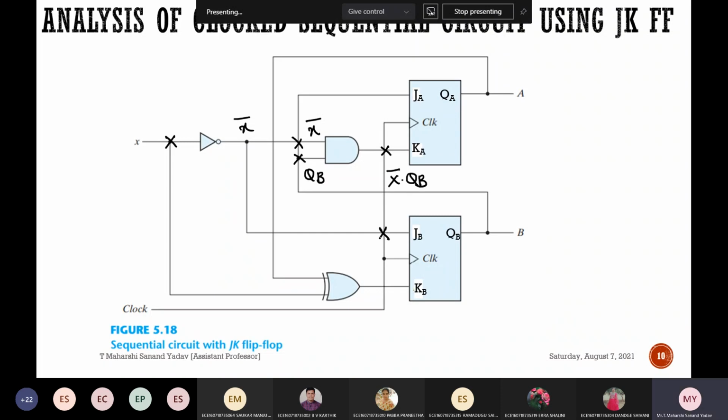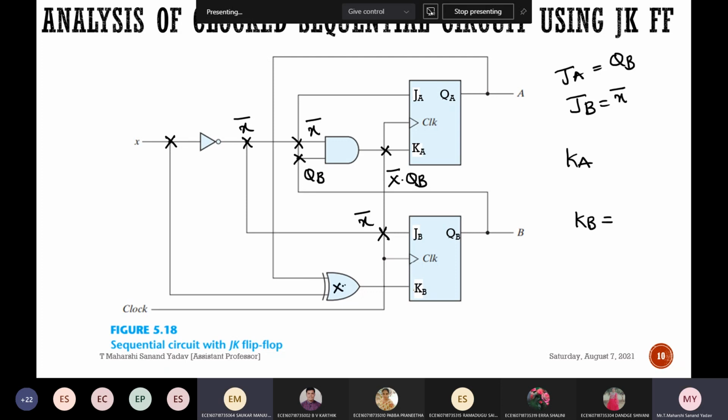Next, similarly, tell me for JB. It is connected directly here, so JB is equal to X bar. JA is equal to QB. We need KA and KB. Someone please tell me the answer for KB. Where is it connected? What is this gate?